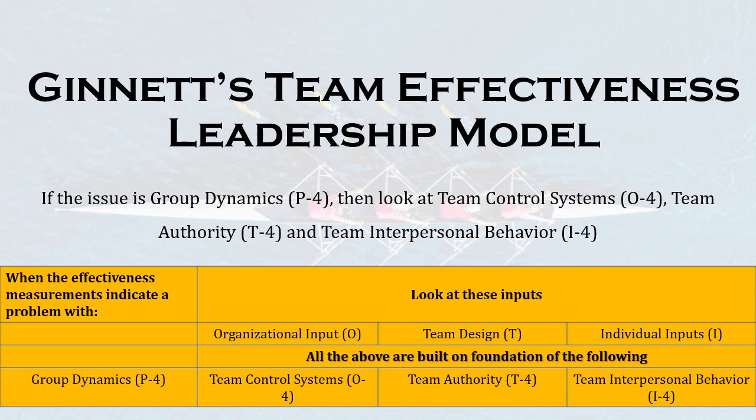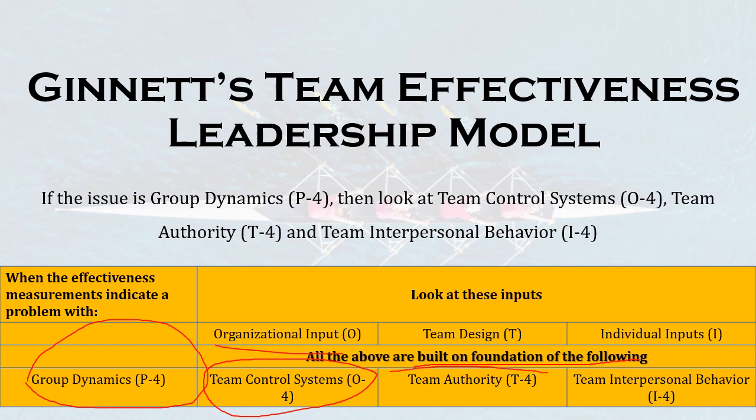these fourth criteria of all inputs and processes are the foundation on which the other things are based. So group dynamics is the foundation for all other processes. The team control system is again the foundation of the organizational input.